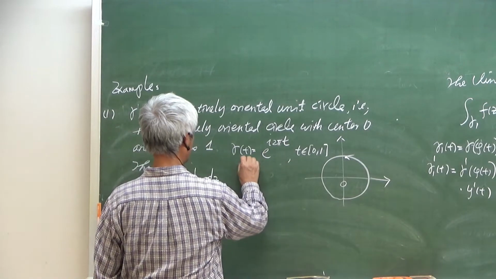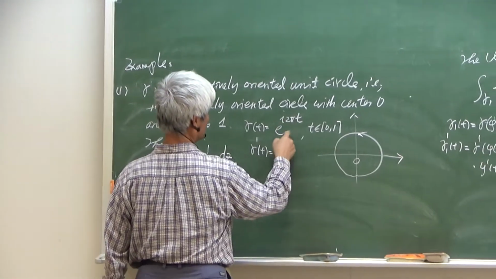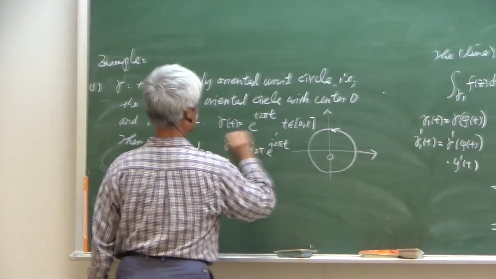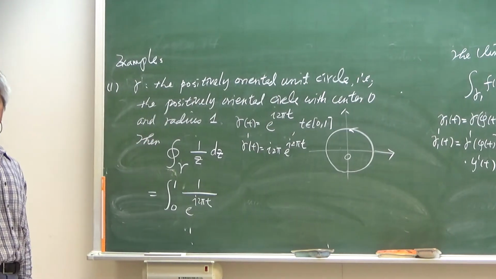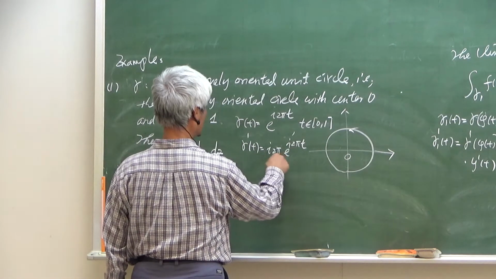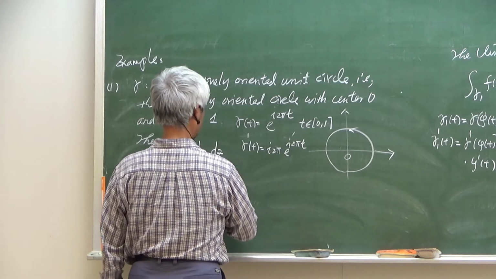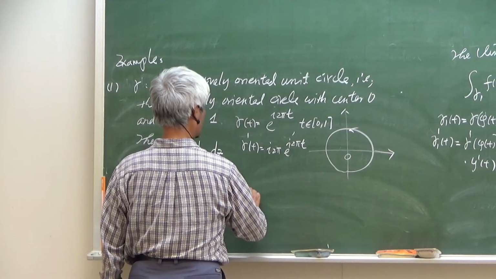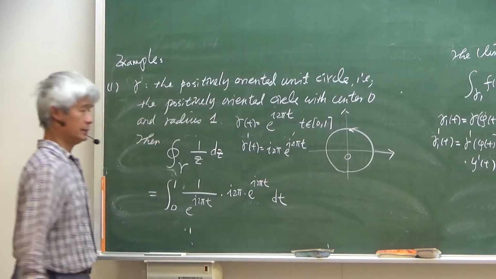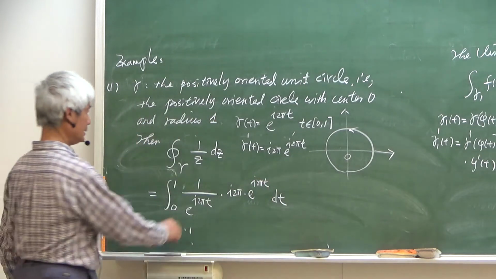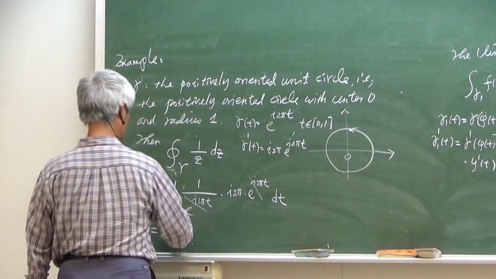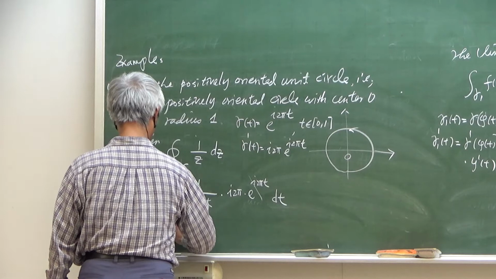And what is gamma prime of t? Gamma prime of t is i 2 pi e to the i 2 pi t. So this is i 2 pi times e to the i 2 pi t dt, and then you cancel, so the integral gives you i 2 pi.